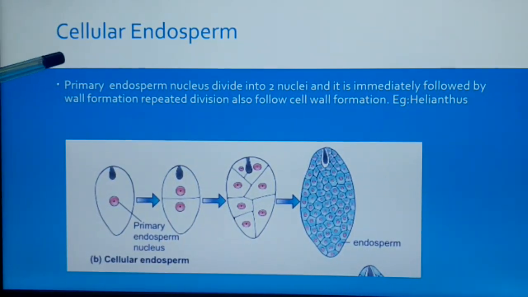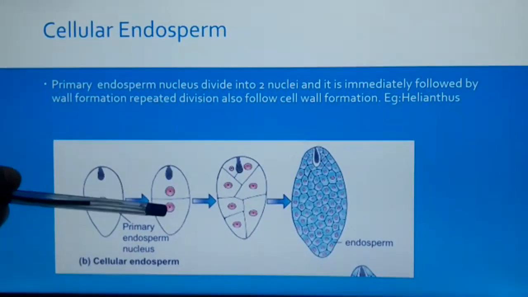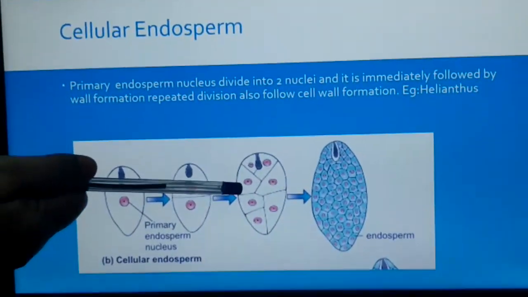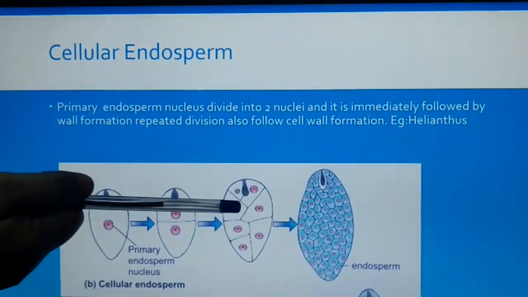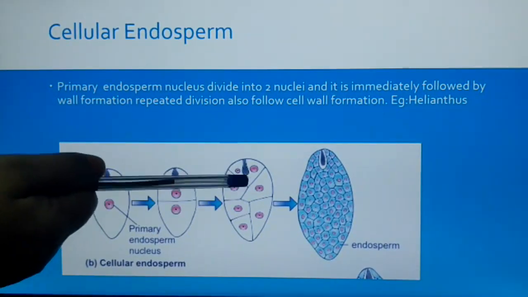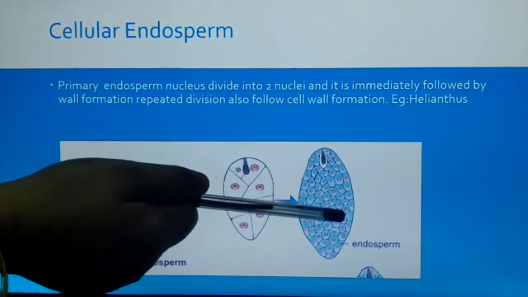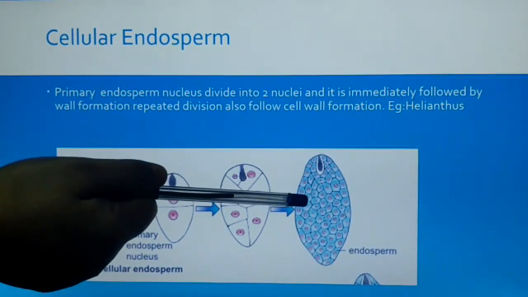In cellular endosperm, the primary endosperm nucleus divides into two. Here, a cell wall forms immediately between the nuclei. So repeated divisions also follow cell wall formation.